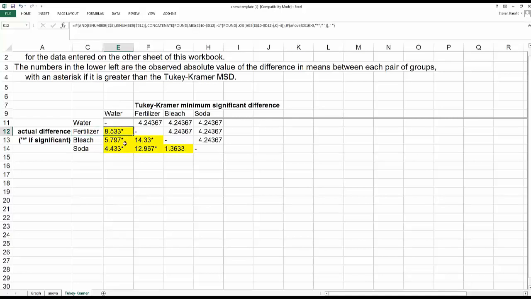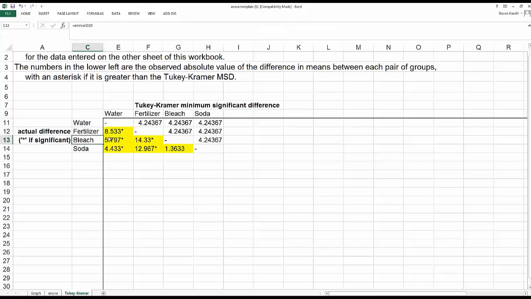Scroll over to water. We're not even going to pay attention to the number. You can learn about that in stats later on, but there's an asterisk right there next to the value. That asterisk indicates that water and fertilizer have significantly different amounts of growth. So you can use the word significant. So that's how you figure that out.